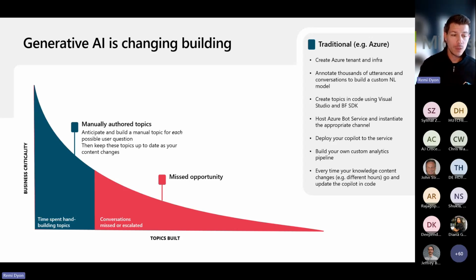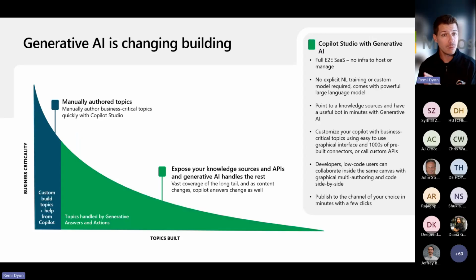So when we move from those bots to the new way of building bots using generative AI, we still have a few topics that we want to manually build and author because we want to guide the user in a very specific way.